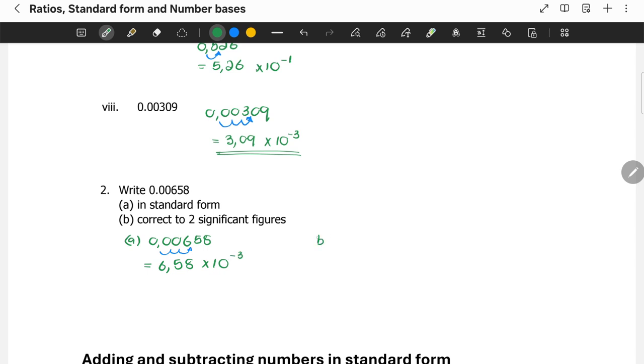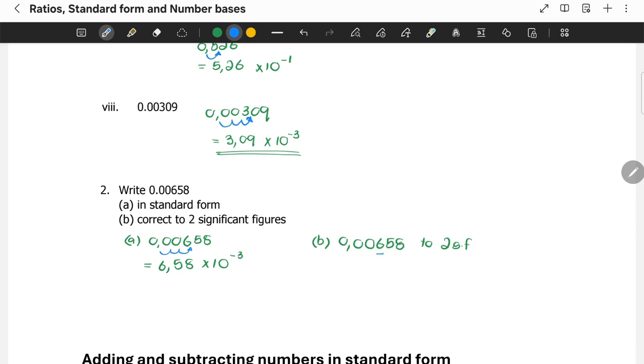And then B, 0.00658 to 2 significant figures. All right, again, we have to put down as a reminder which ones are the 2 significant figures. So these zeros are not significant before the first digit.